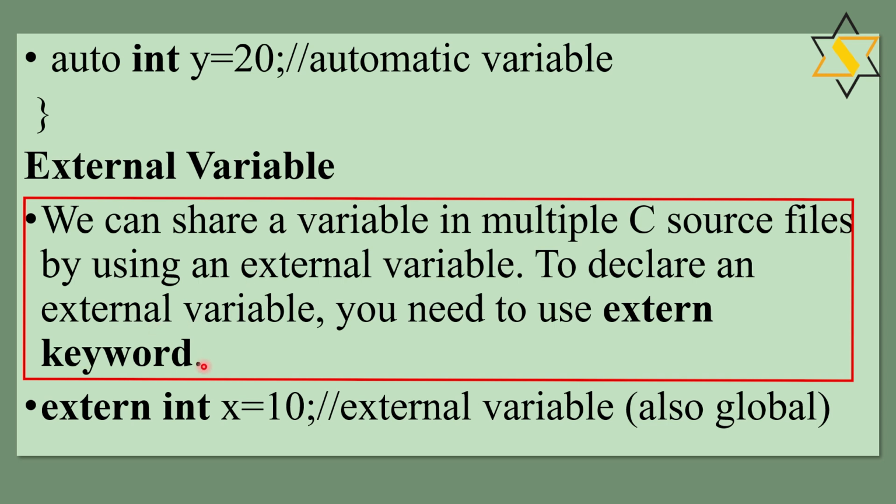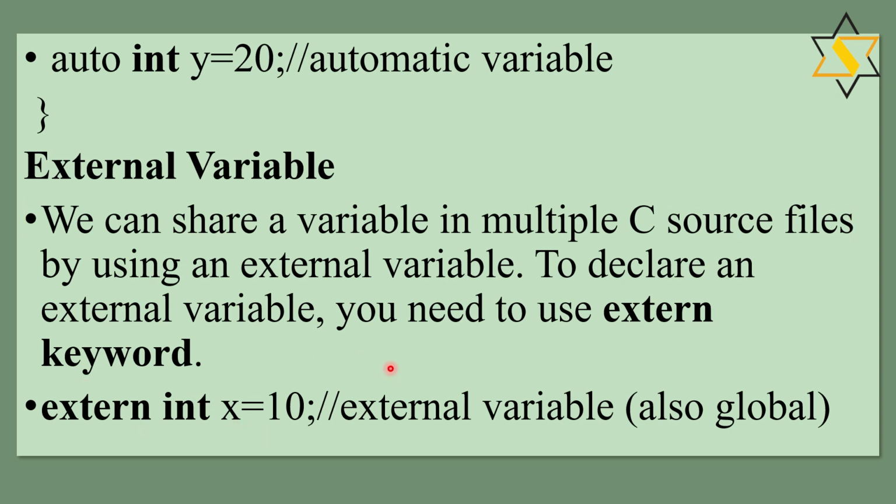In C, there is no keyword for global, where you define global and then the data type. But if you use extern as a keyword with a data type for the variable, then that is also considered your global keyword.